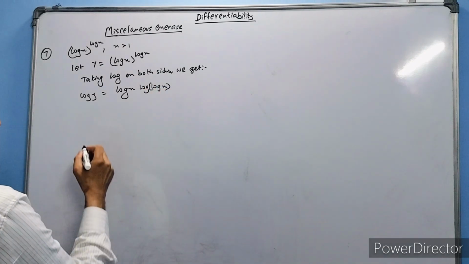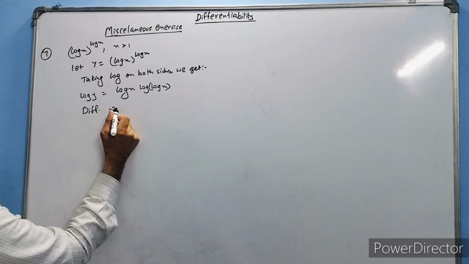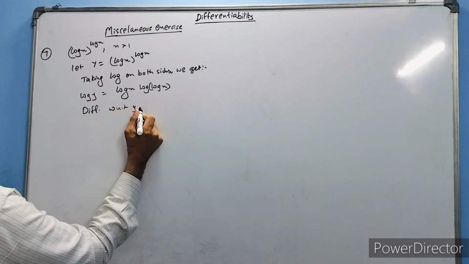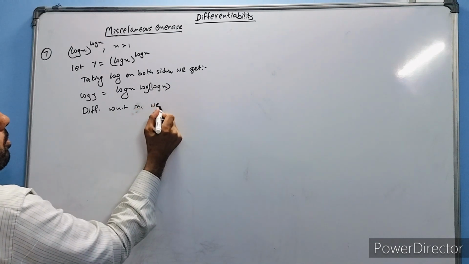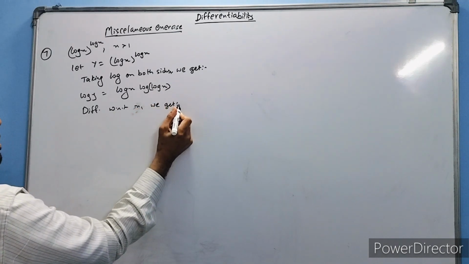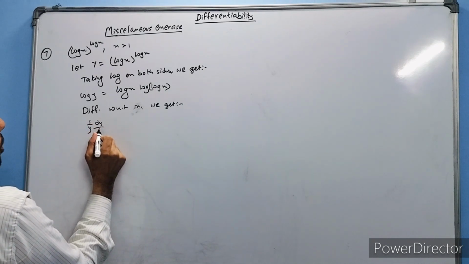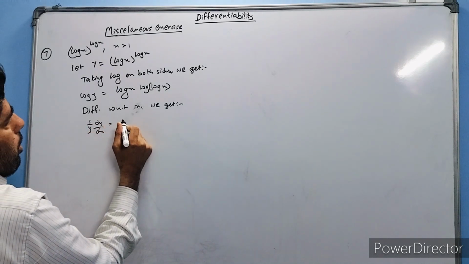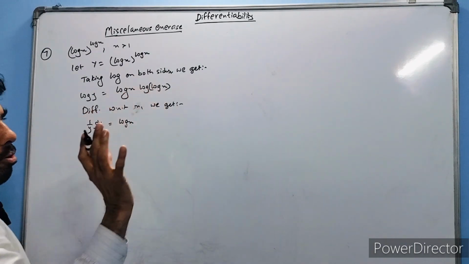So now differentiating with respect to x, we get 1 upon y, dy upon dx. We will apply the product rule.